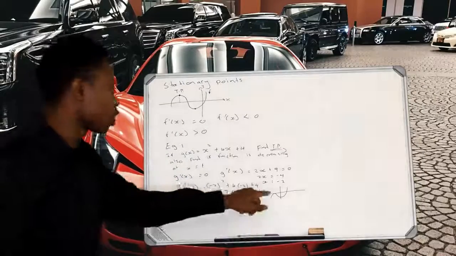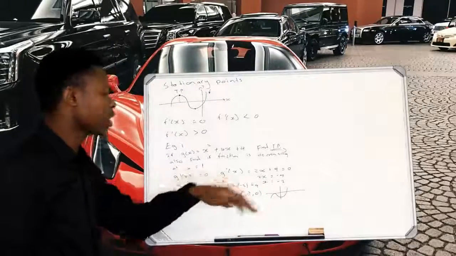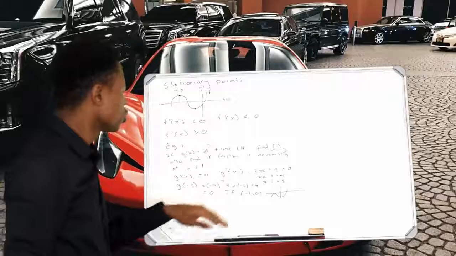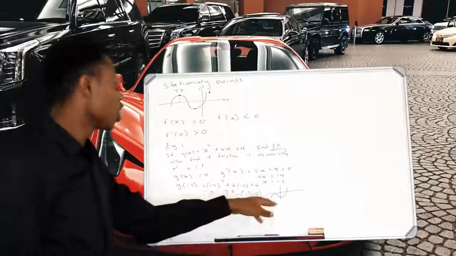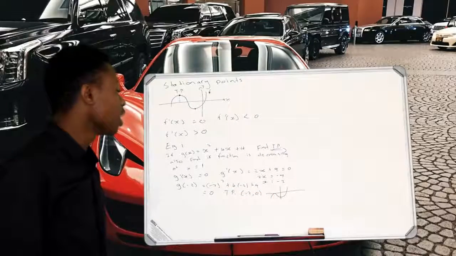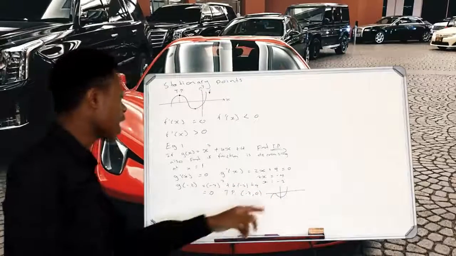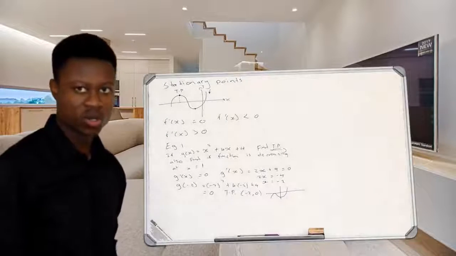But anyways, as long as one of your turning points is touching the x-axis, right? So what it means is that the turning point occurs at the x-axis. So we have a turning point at negative 2 and 0, right?